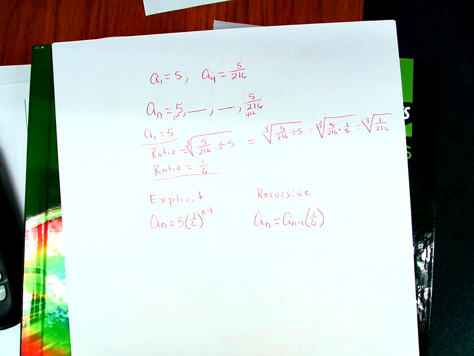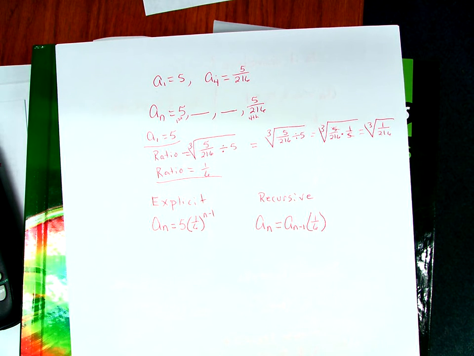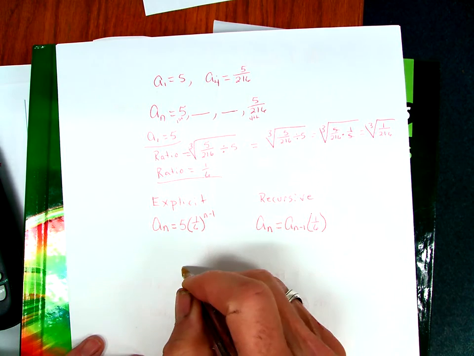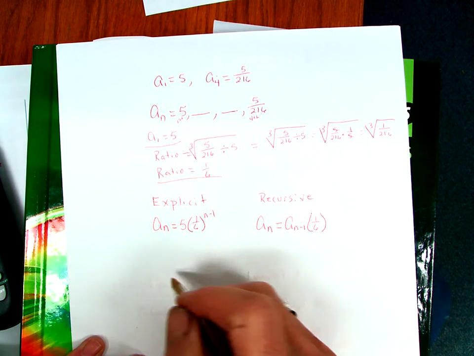Okay. Now, what happens when you don't know the first element? Well, you're going to end up solving for the first element, and you're going to use the explicit formula right here.